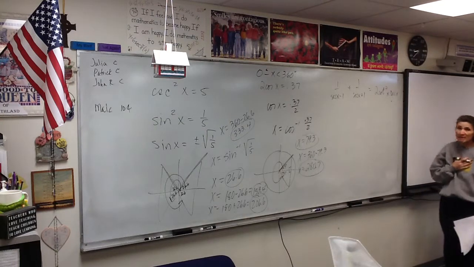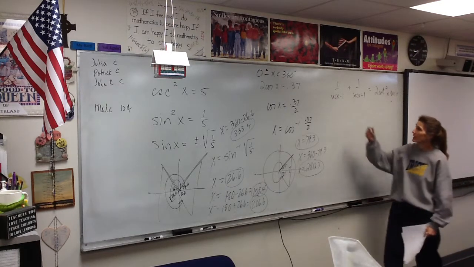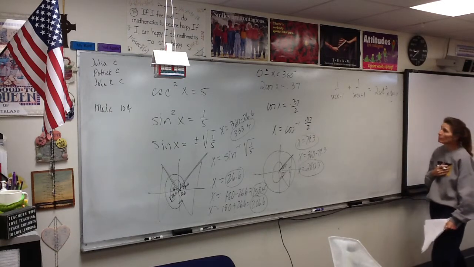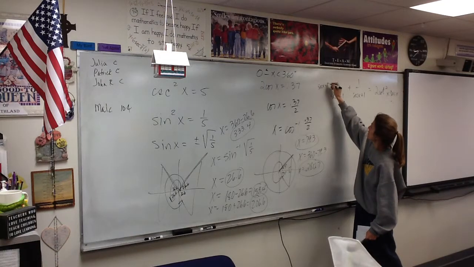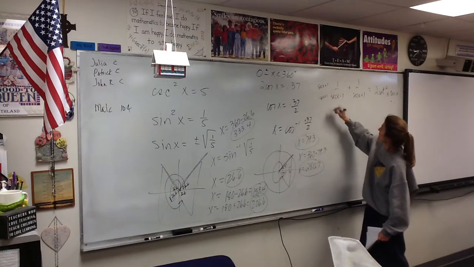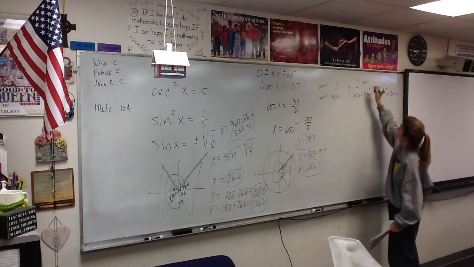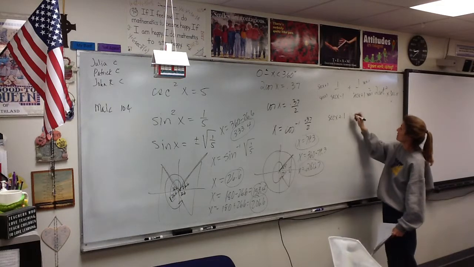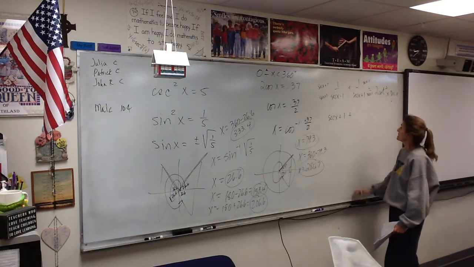Now, for me, doing this problem, I am going to get a common denominator and add these guys together. That's what I'm going to do. So I'm going to multiply this one by secant plus 1, and this one by secant minus 1. So on the top, I have secant plus secant minus 1.